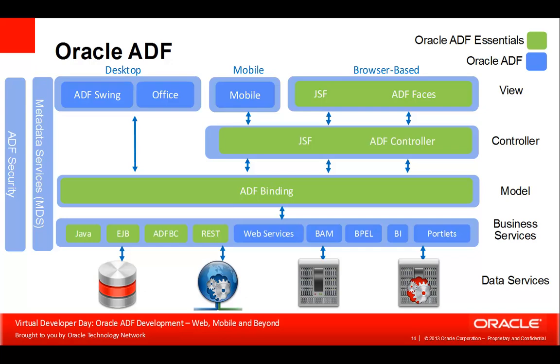So web services, BAM, BPEL, BI, or portlets, those things are not going to be available for us in Essentials. We're not going to have access to ADF Mobile in Essentials. The metadata services and ADF security are also not going to be there, as well as our desktop integration.